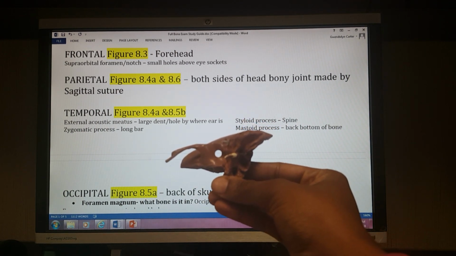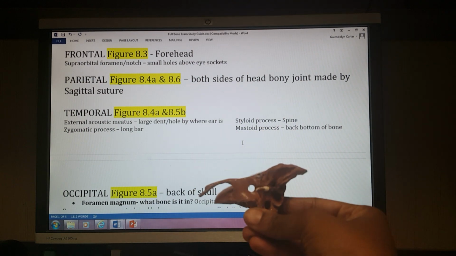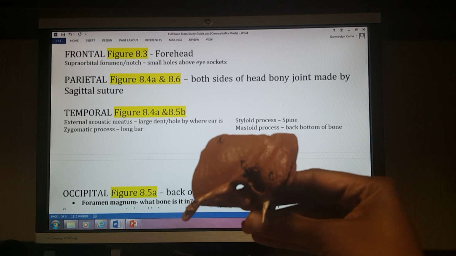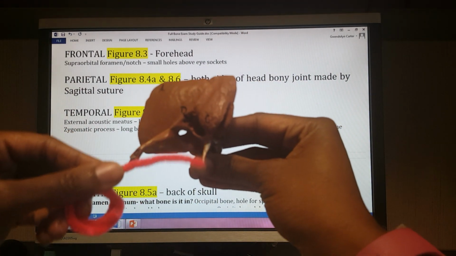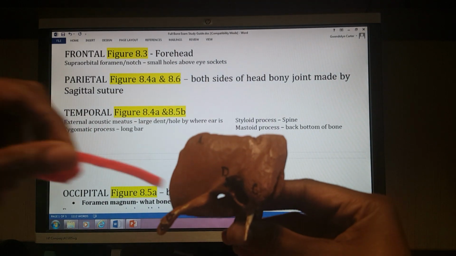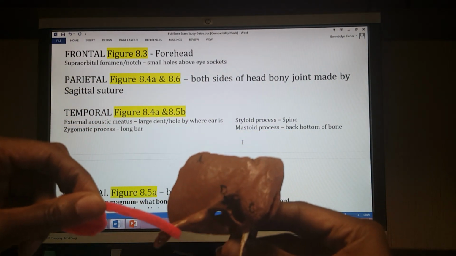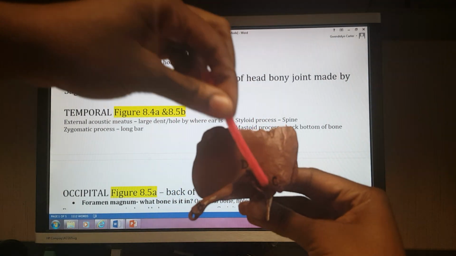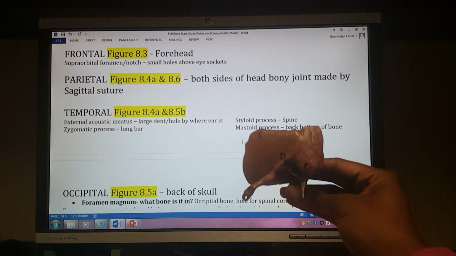That's not a real hole, that's just plastic molding issues. But the real hole that we're looking for is right here. Next one, the styloid process, the spine here. The next one, the zygomatic process, which is the long bar here. And finally, the mastoid process, which is this more bulgy piece off the end of this bone.